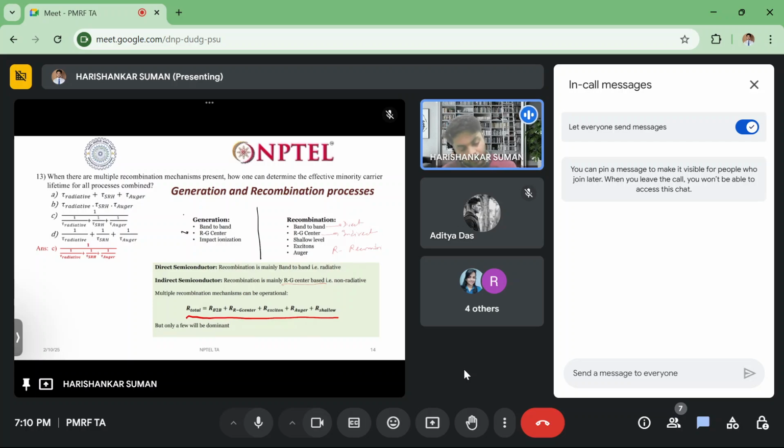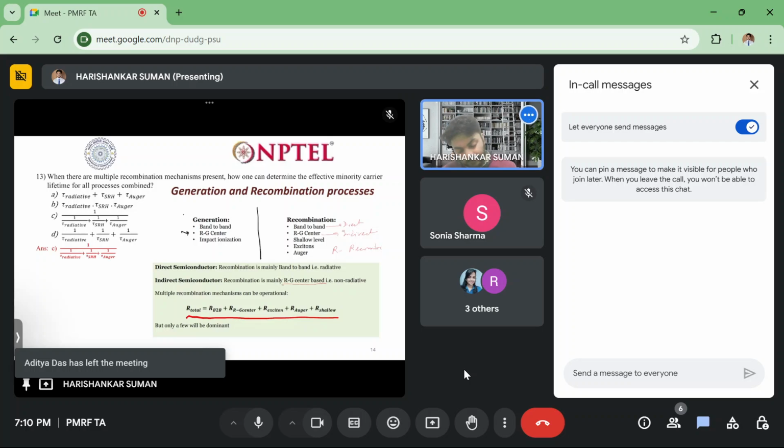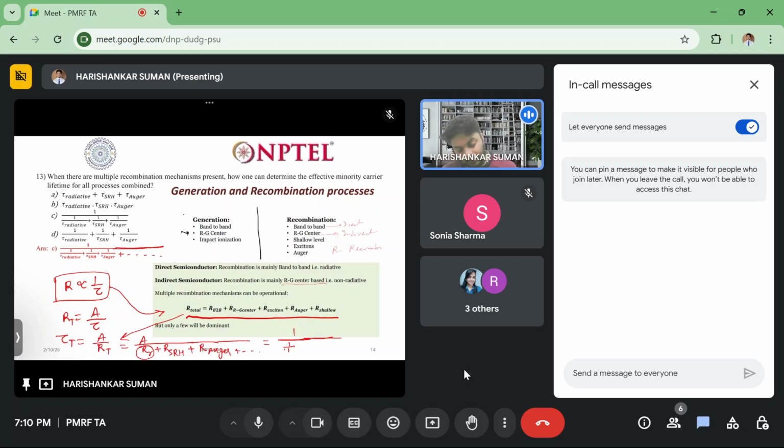Recombination: band-to-band, RG center, Auger, excitons. In a direct band gap semiconductor, recombination is mainly band-to-band, so this is a useful material for solar cells.